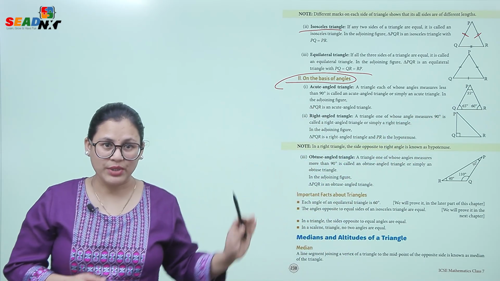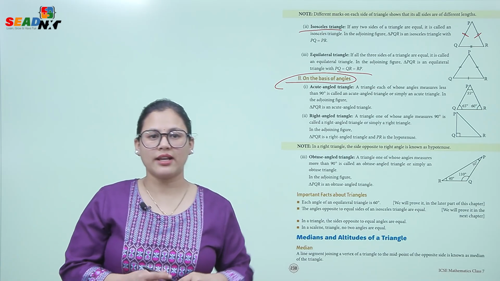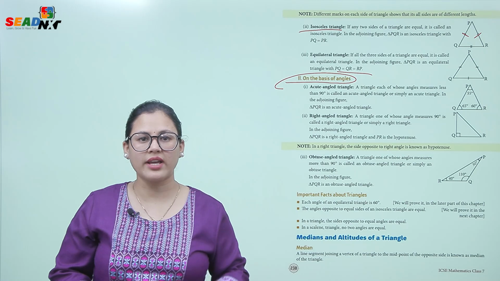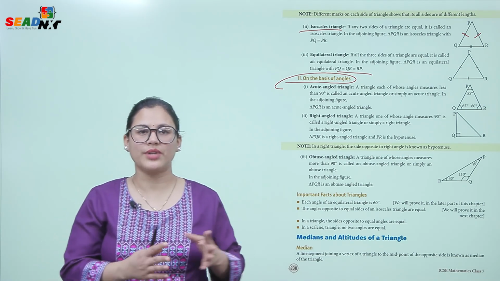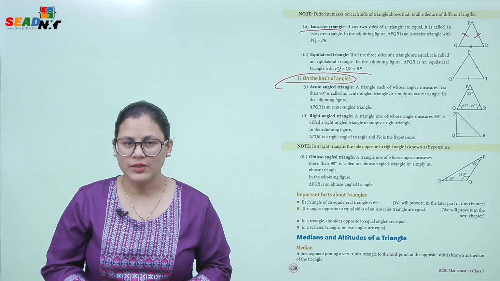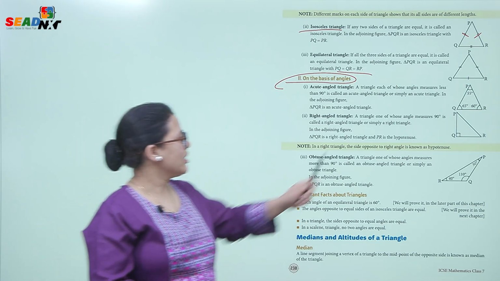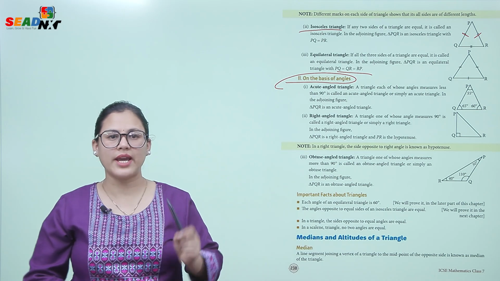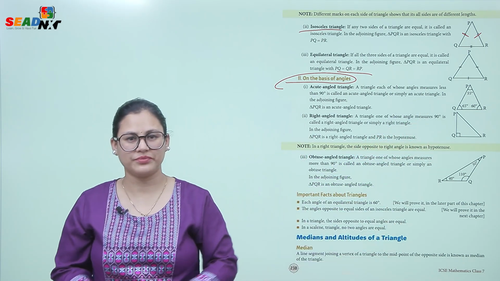So triangle PQR is an acute angle triangle. Number two is right angled triangle. A triangle, one of whose angles measures 90 degrees, is called a right angled triangle or simply a right triangle. In the adjoining figure, triangle PQR is a right angled triangle and PR is the hypotenuse.